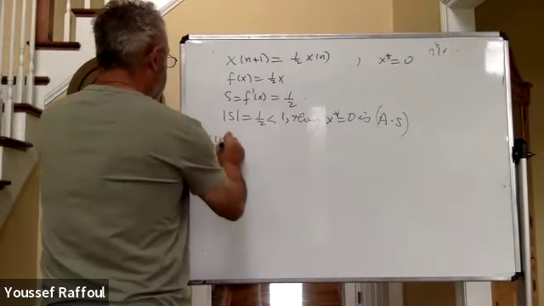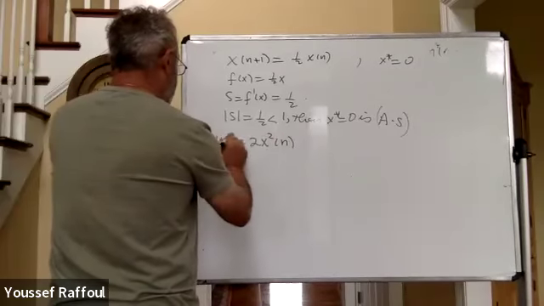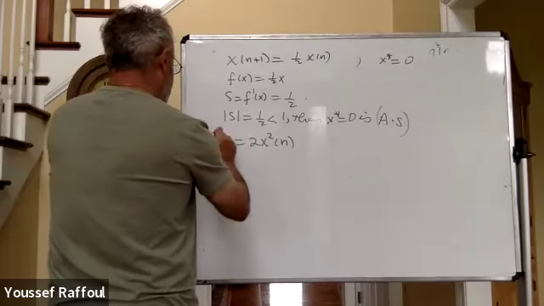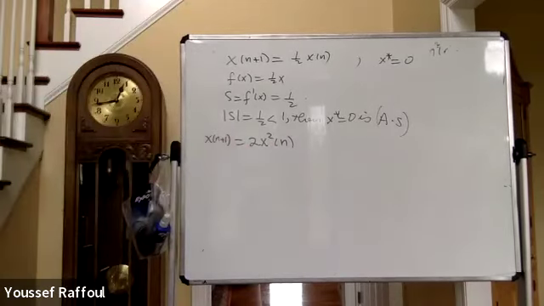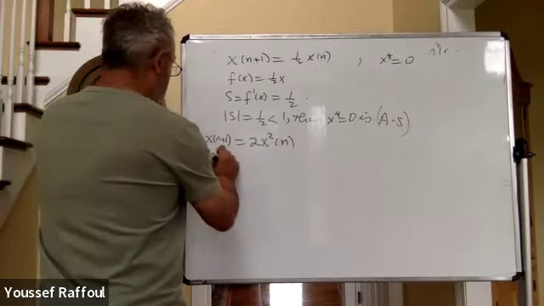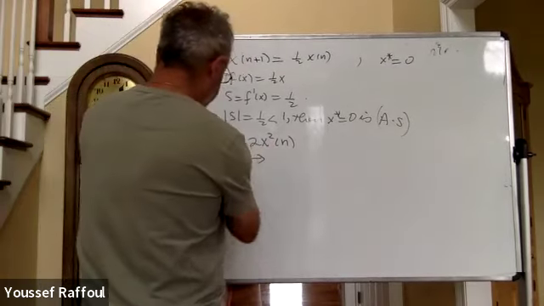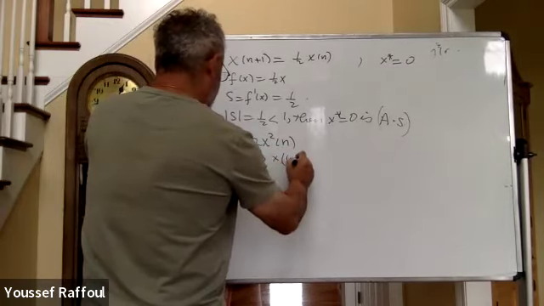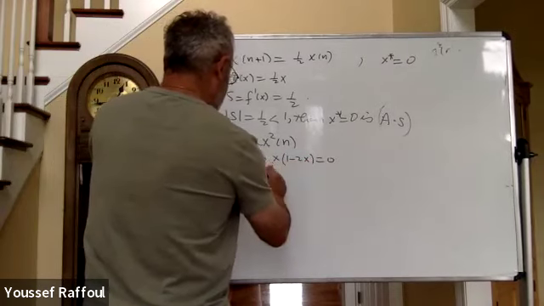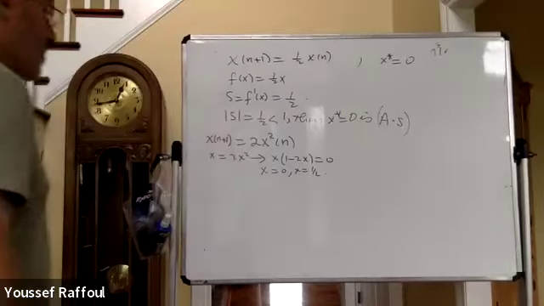Let's take a look at x_{n+1} equal to 2x_n squared. All right, and we see here x equal to 2x squared means what? x(1 - 2x) equals 0, x equals 0 and x equals 1/2.